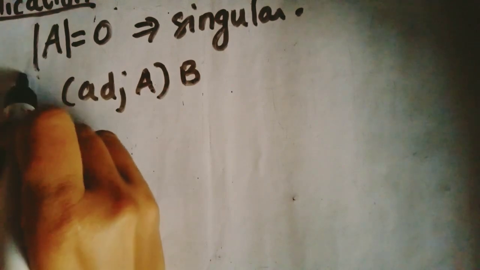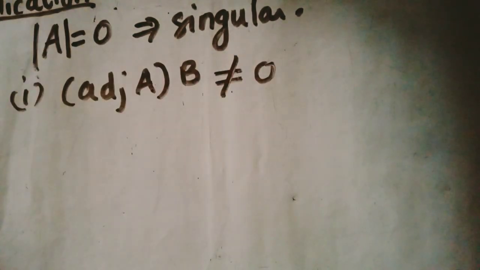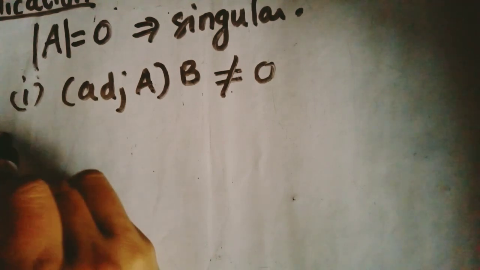Now there are two cases. First one is if this multiplication is not equal to 0, then the solution does not exist and the system of equations is inconsistent.